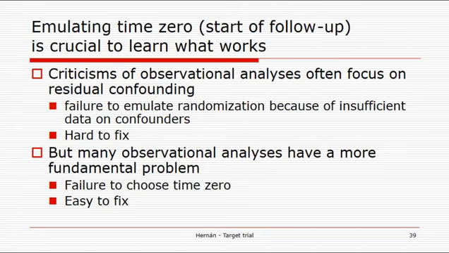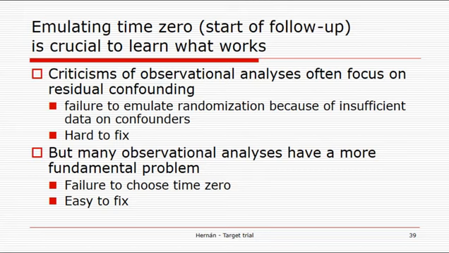And see, when we think about observational analysis, we're very concerned about confounding. It turns out, I show you a couple of examples where the problem is not confounding. The problem is the emulation of time zero, which is a very important problem in practice that we usually don't think of because we are fixated on confounding. So by obsessing about confounding, we don't think about other things that we can easily fix, like having time zero and the assignment of treatment at time zero done in the right way.